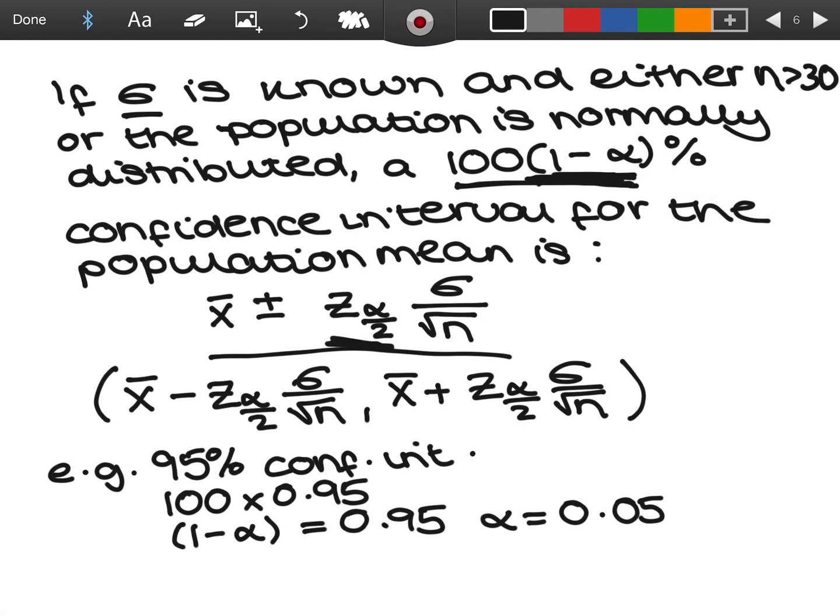What this z here is, so z alpha over 2, that's just a notation for a particular z value. All that is a z value such that we have our confidence interval, in this case 0.95, we're 95% confident. We want that confidence level, that area, to land in the middle of positive z and negative z.